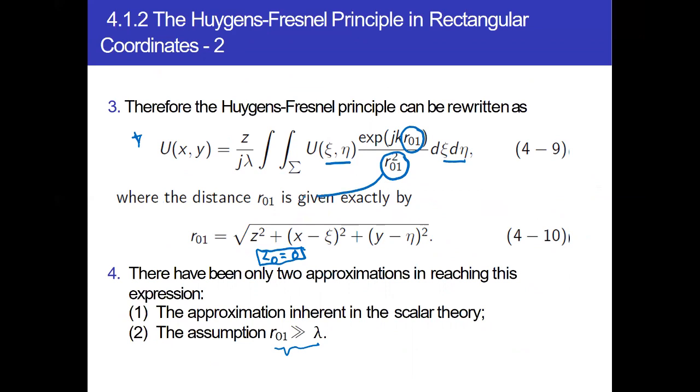This was taken out as Z squared, okay? And then assuming that R01 is Z, but we cannot take this term because this is the phase term. So if you change a little bit, it could go from +1 to -1 rapidly. So we are taking this exponential term to the Taylor expansion.